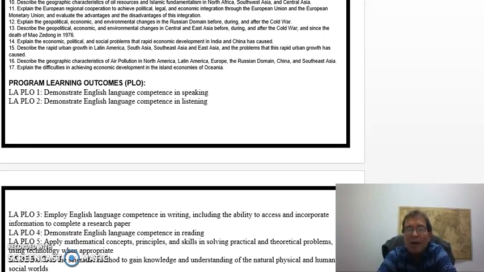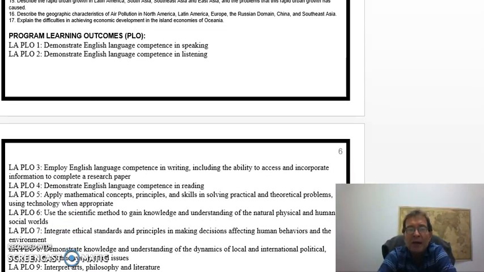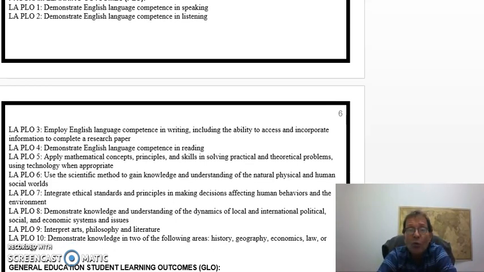We do some writing. It's not a research paper. They're just short writing assignments each week. You'll do some reading. We're not really doing any math concepts, but you are using the computer, so you are using some technology. We're not really using the scientific method. And 7, 8, 9, and 10 are definitely used in GE 201.